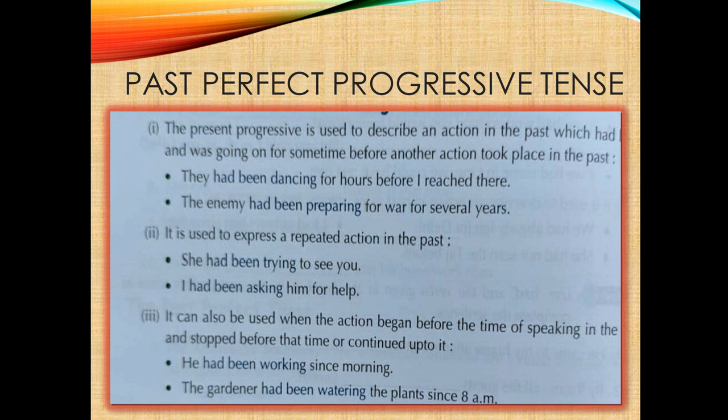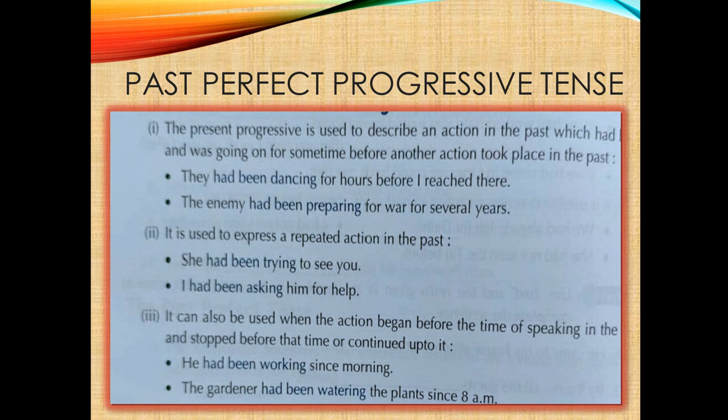That is, she has tried more than once. She is repeatedly trying to see you. I am repeatedly asking him for help. She had been trying to see you. I had been asking him for help. So it is used to express repeated action in the past. Clear? Let's come to the third one.